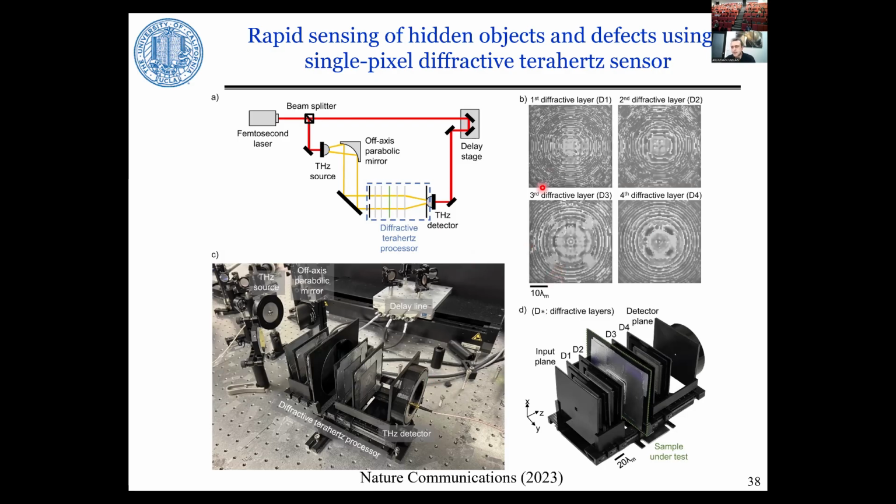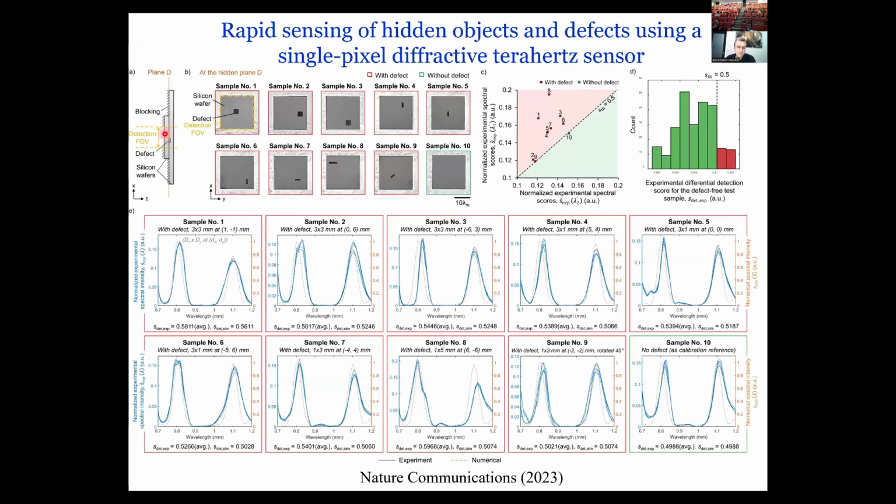This was tested with 4 diffractive layers, 2 of which are working as an encoder, 2 of which are working as decoder. And we looked into defects in silicon. So not visible because it's an opaque system, but terahertz waves can penetrate through. And we purposely created structures that are hidden, but that contain defects, and some of them not.